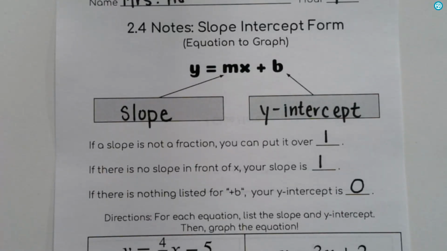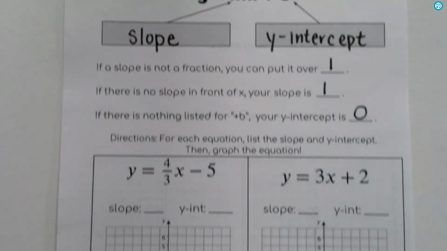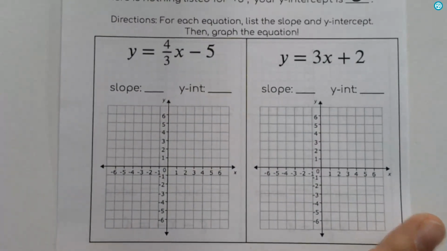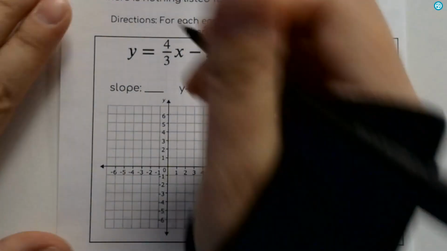Okay, so we've got 4 examples. For every single example, we're going to list out the slope and the y-intercept, and then we're going to draw our graph. So, moving down, my first example, I've got y equals 4/3 x minus 5. So my slope is that number in front of x, so it is 4/3, which we like when our slope is a fraction.